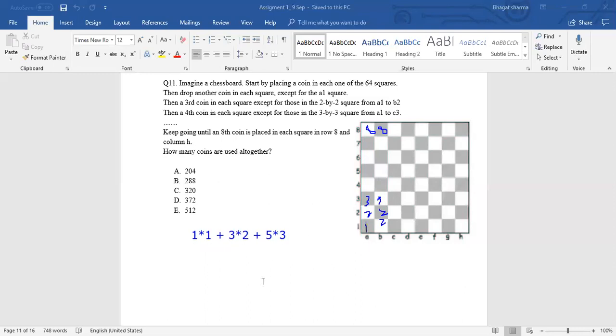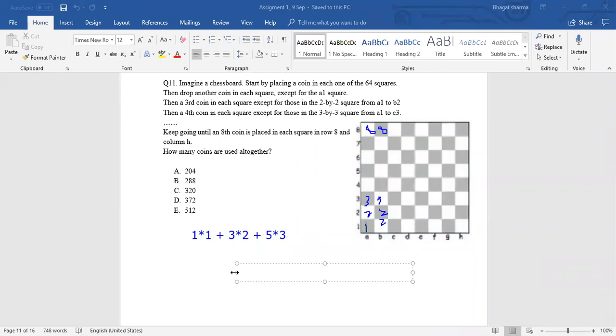If I continue this pattern, this will be 7 into 4 because 7 squares will have 4 coins. Then 9 into 5, 11 into 6, 13 into 7, and 15 into 8. And then I multiplied and added all the numbers, which is 372.